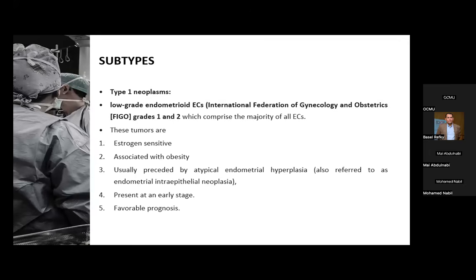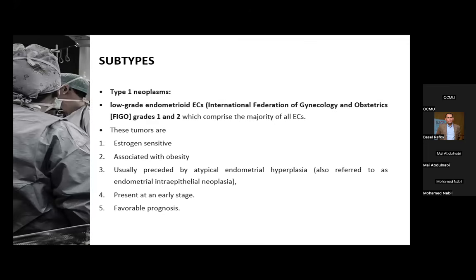We'll speak first on the old subtypes, because until now in most of the guidelines, ESGO and NCCN, the guidelines are applied on these subtypes. As Dr. Bassel said last week, the paradigm will of course change, but it will take some time to implement molecular typing in the clinical treatment and management of these cases.